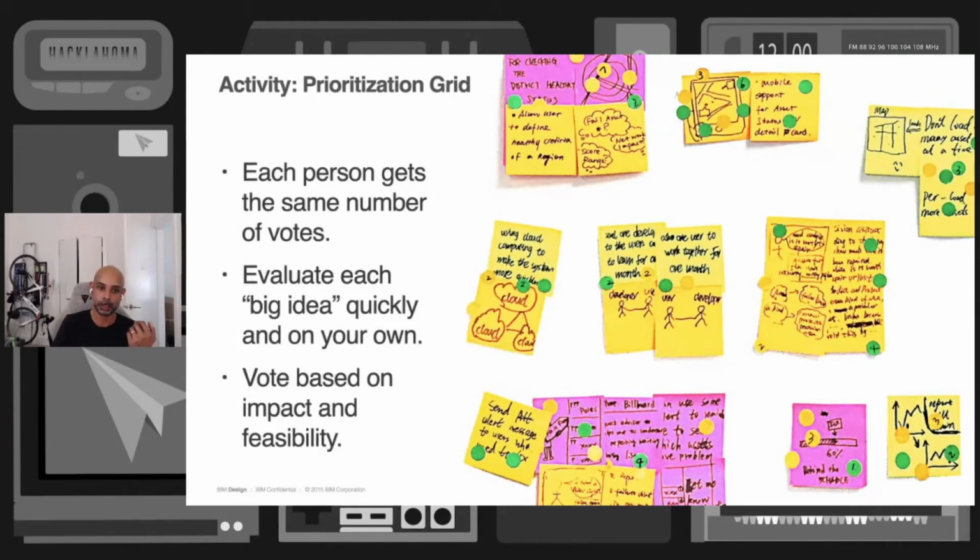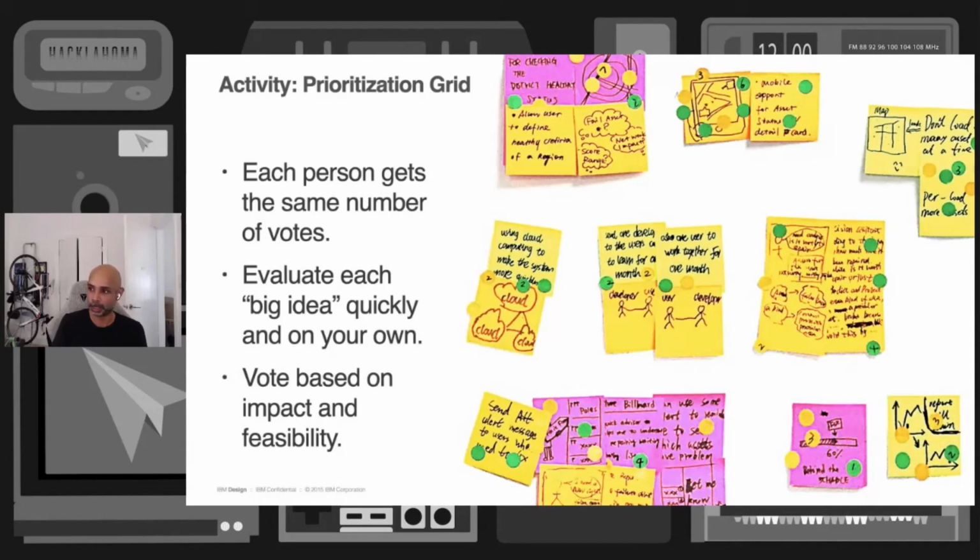I like to do about 3 votes per person. You want to evaluate each of those big ideas on your own. And you want to vote 2 different ways. We're going to vote twice. You'll get 3 votes for impact and 3 votes for feasibility.